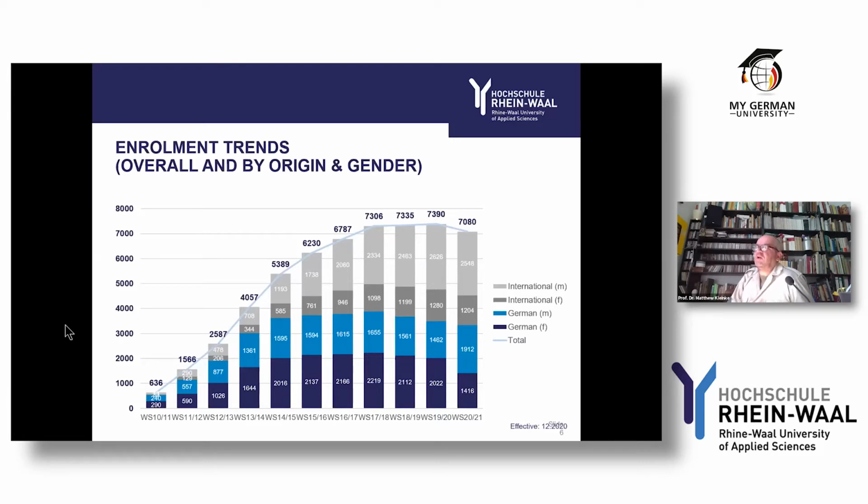You also see the share of German and international students, and that we have had a quite high level of international students from the beginning. This has to do with the fact that we offered, as one of the first universities, our bachelor courses also in English language, which makes us quite interesting for international students.